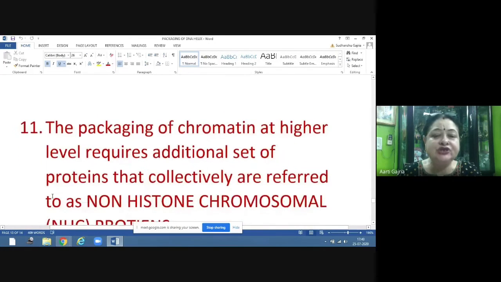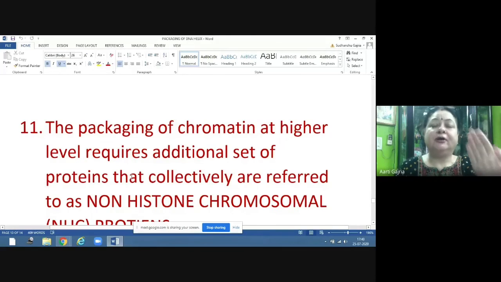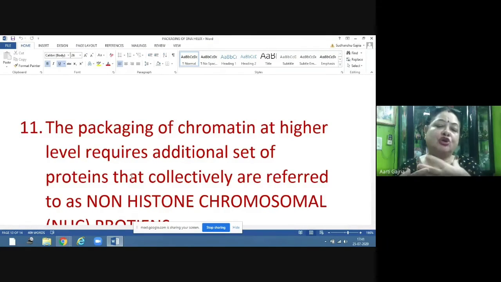We saw the primary level of packaging, when the histone octamer is there and the DNA is wrapped twice.